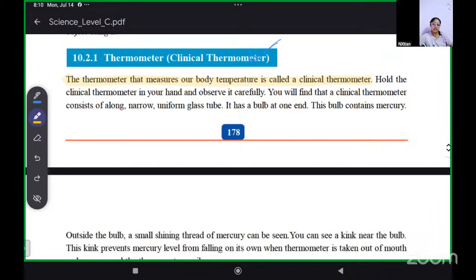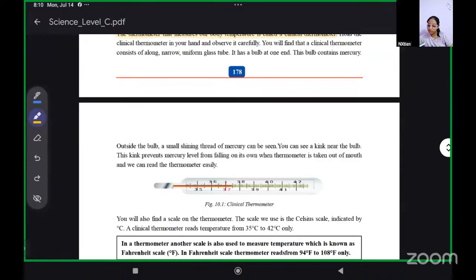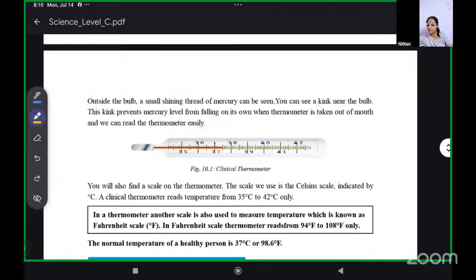So that is an electric thermometer because it has a button and it works on power, maybe small battery cells. But previously there was a more traditional thermometer that was used, not battery operated like this.